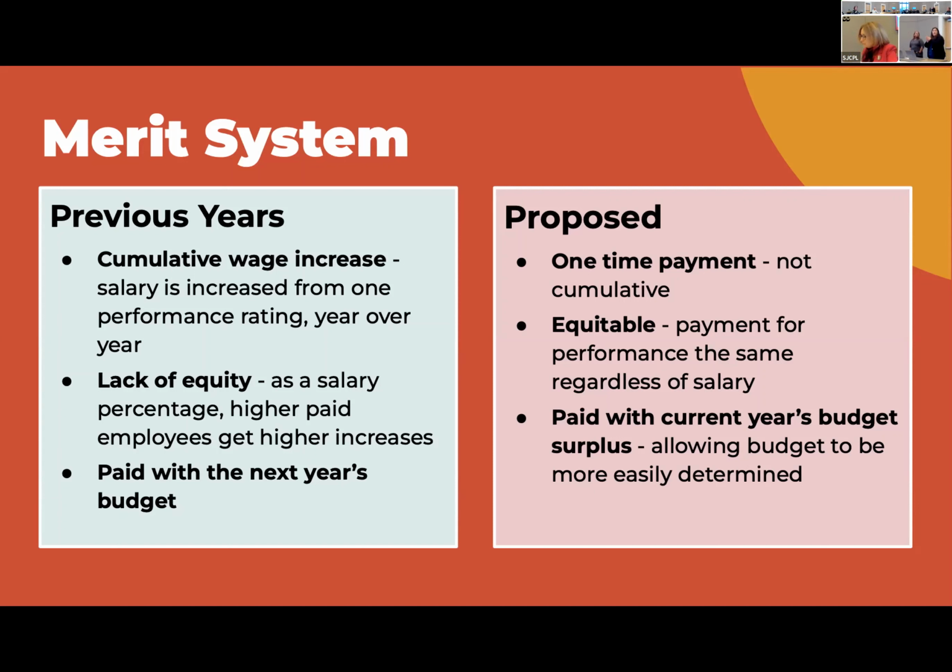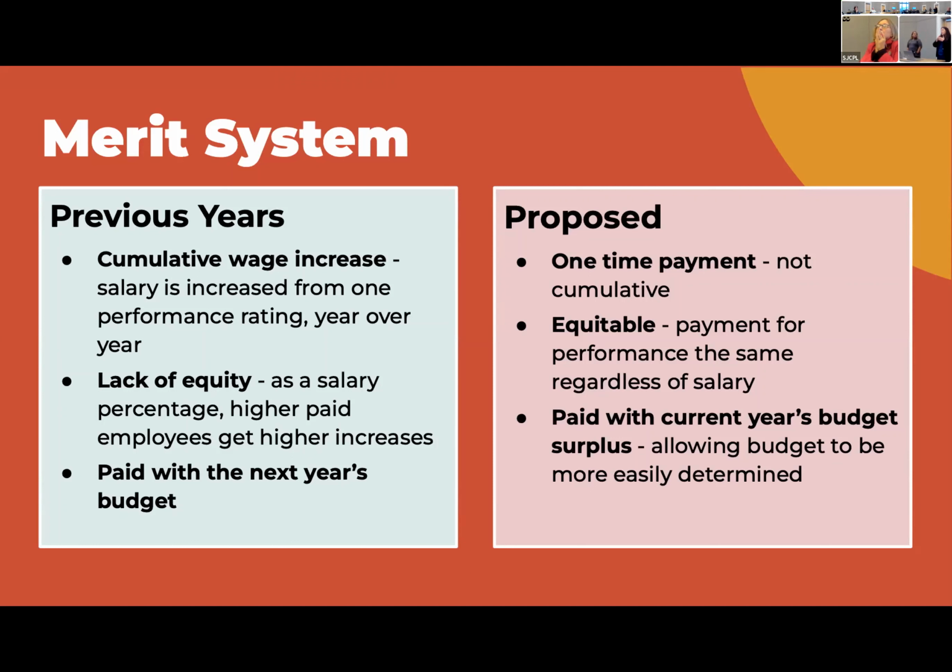It's also paid with the next year's budget. That's how it was always done because it was part of the salaries. So what we're proposing this year is making it a one-time payment at the end of the year instead of bundling it with the salaries in the next year.